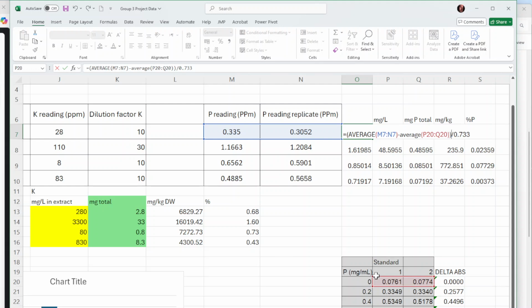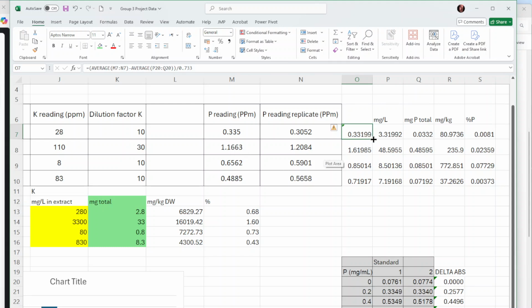So I'm subtracting the blank, also subtracting the reading of no phosphorus, only water, and I'm dividing that value by 0.733. That will give me the concentration of phosphorus in the extract.